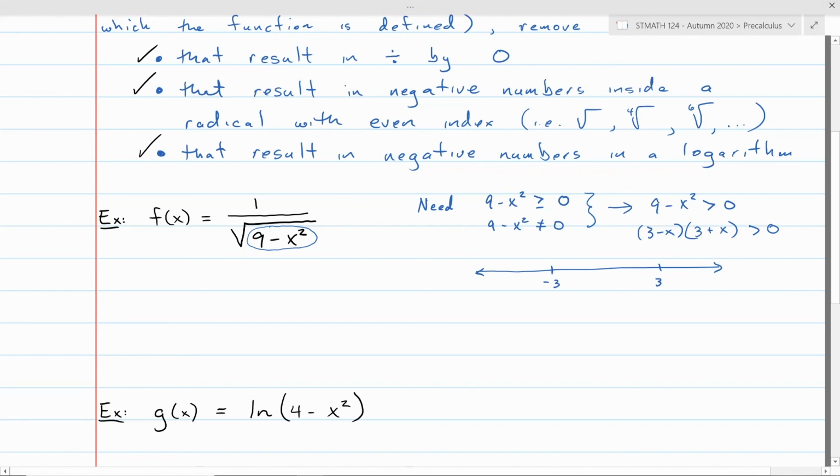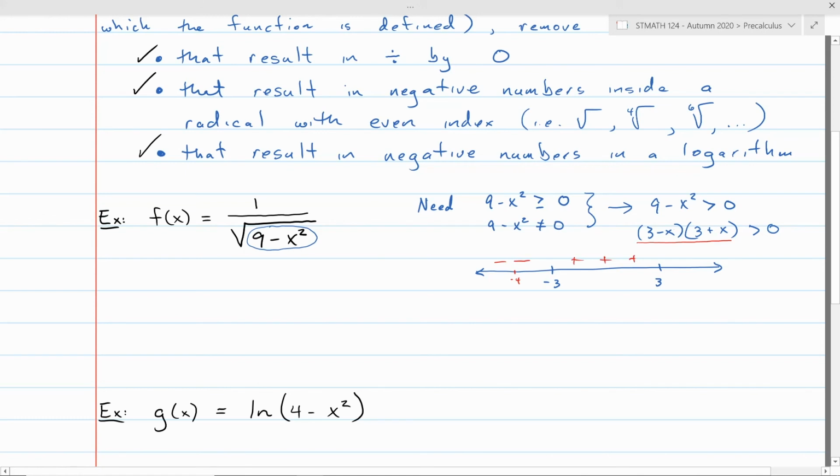In this case, I'm looking at 3 minus x times 3 plus x, and I want to know where it is positive. If I plug in a number to the left of negative 3, like negative 4 as a test point, 3 minus negative 4 would be positive 7, times 3 minus 4 is negative 1. So it'll be negative over here. If I plug in something like 0 in the middle, I'd get 3 times 3, which is positive in here.